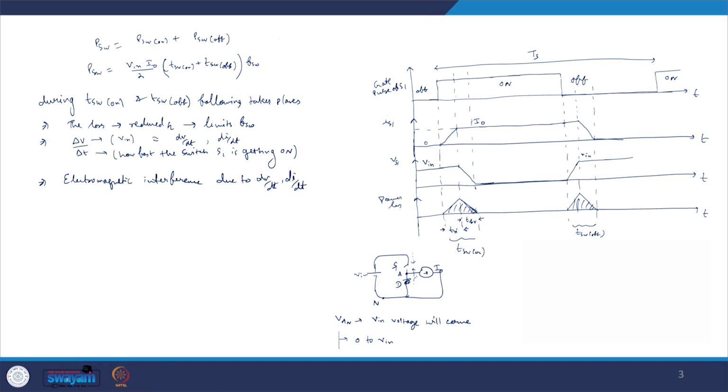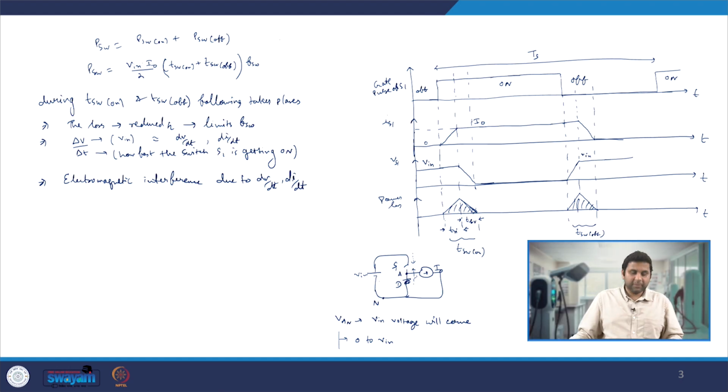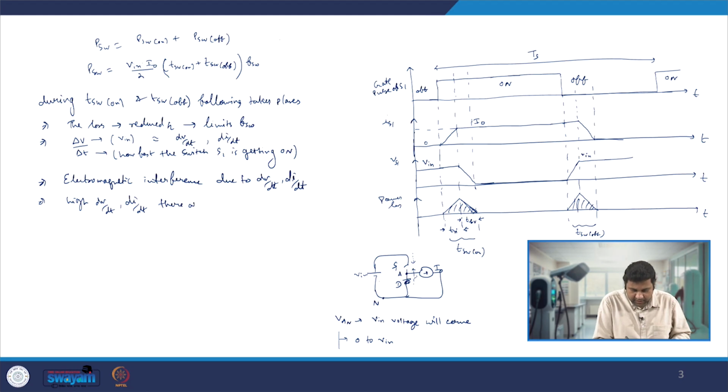Because of high, or you can say uncontrolled, dV/dt and dI/dt, there are dV/dt and dI/dt related problems.